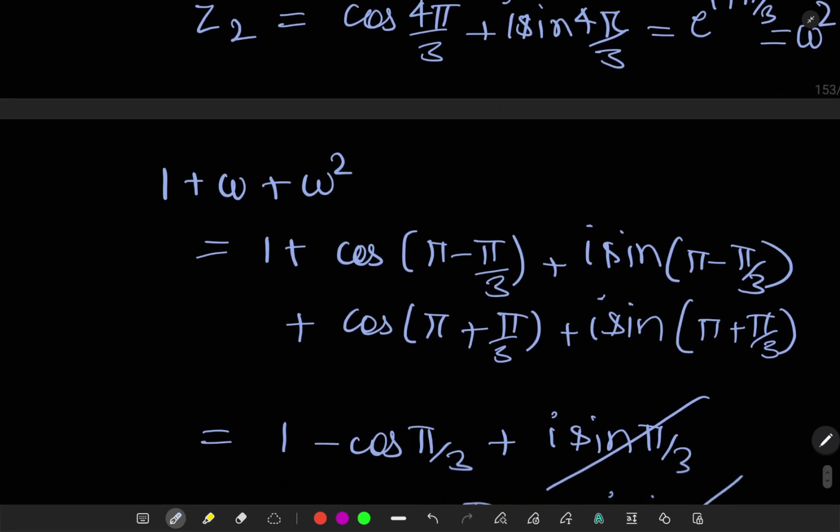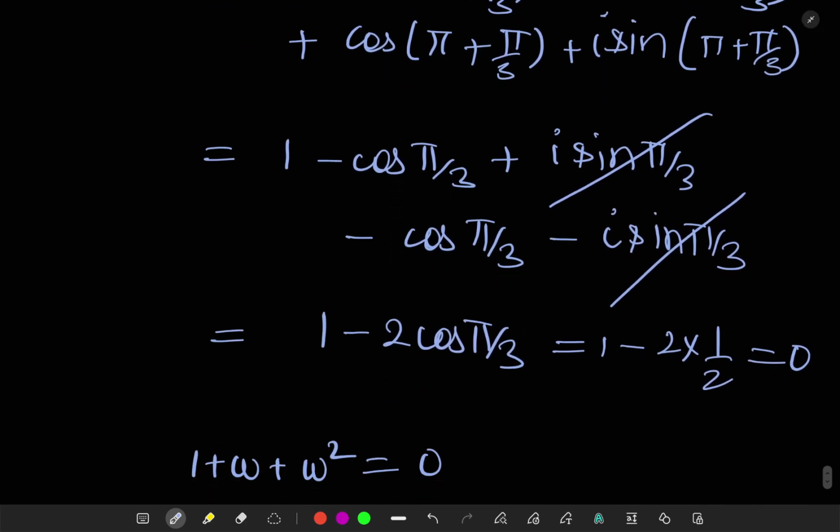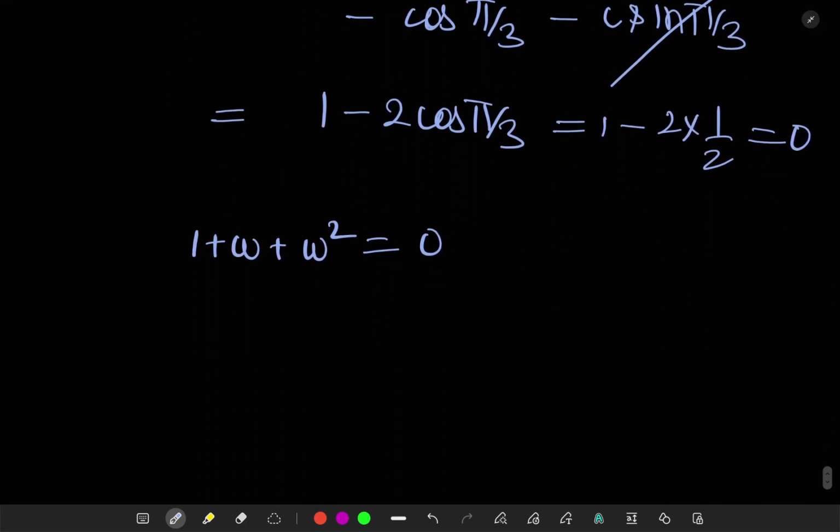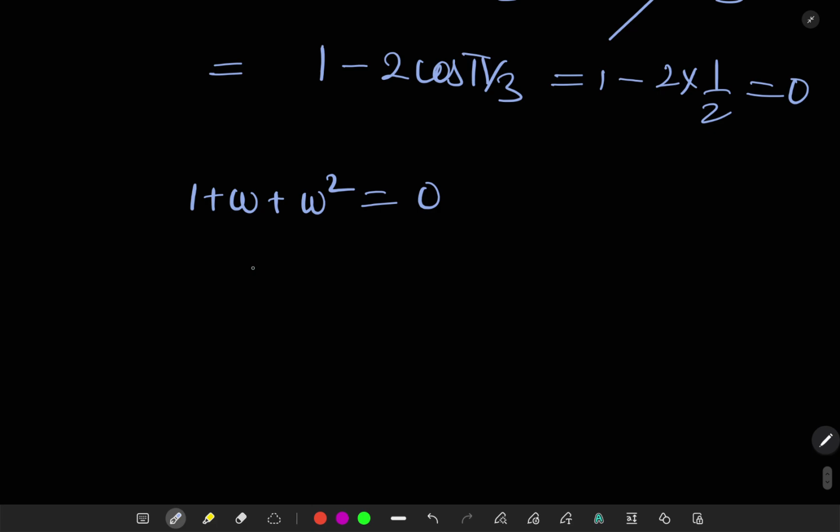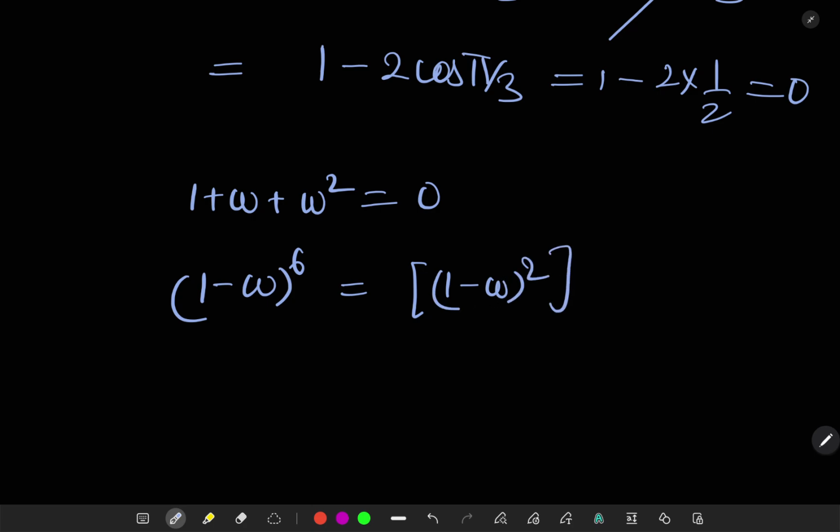So let's take here 1 minus omega raised to power whole 6 is equals to, or we can write here this like that, and on solving this we get here this value.